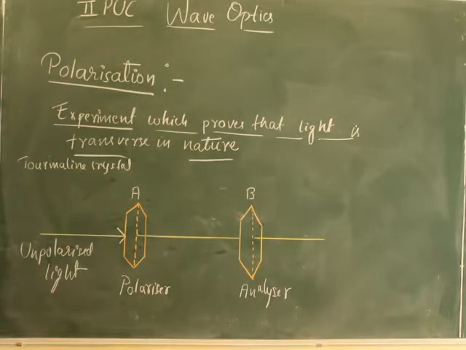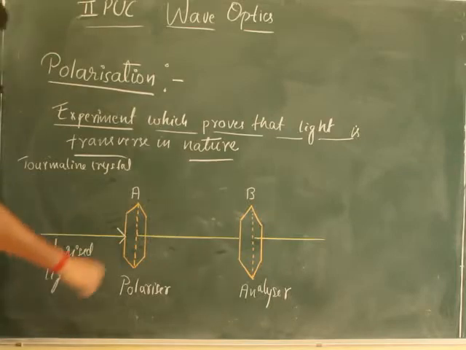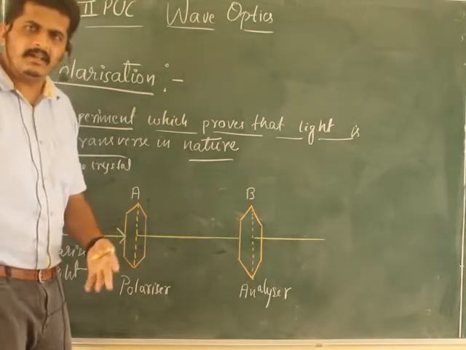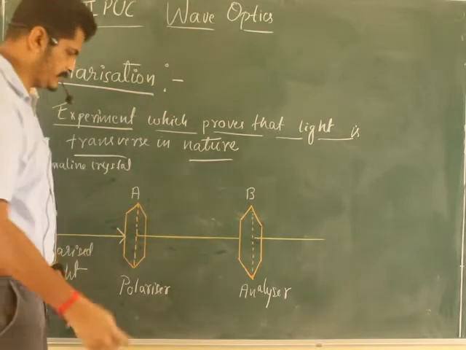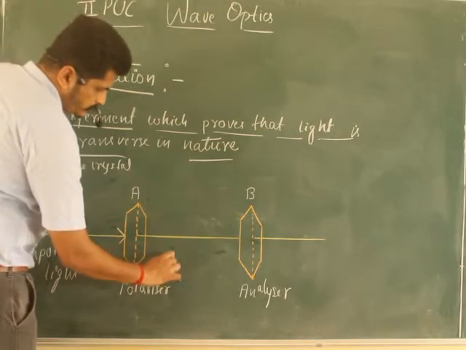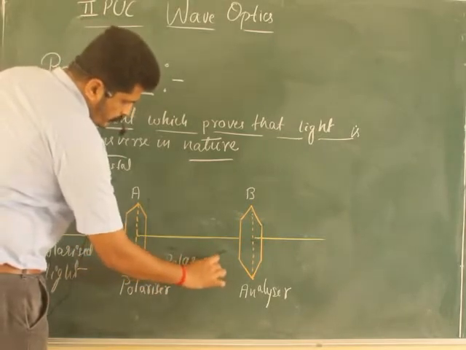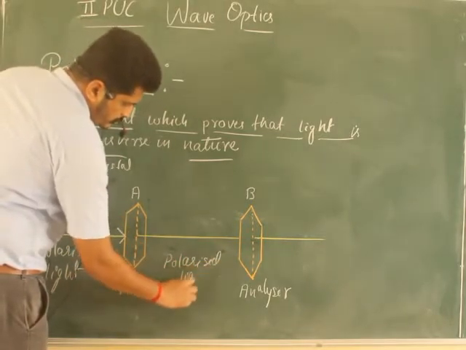Next, unpolarized light is over. But what happens here after it passes through the crystals which are polarizers? Of course, light has to be polarized, correct? So this is polarized light.